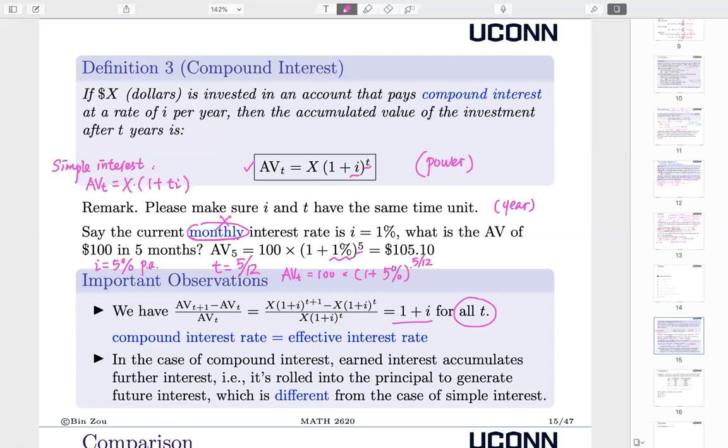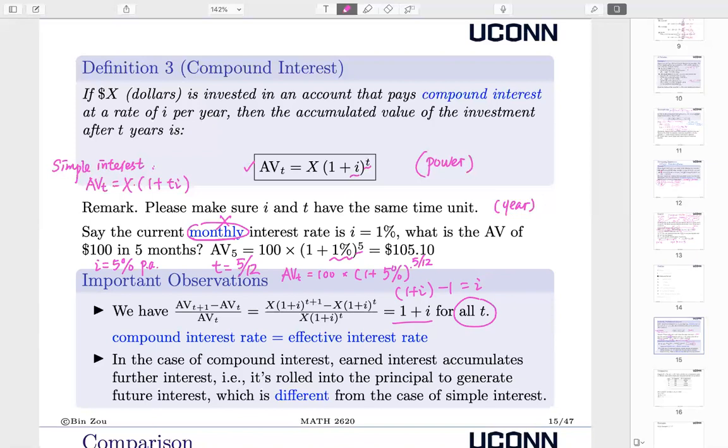Not 1 plus I. Here's a typo, because if you do this, it will be 1 plus I minus 1, so it's I. So this formula is important because it says that if you apply compound interest, the corresponding interest rate over any year is the same.